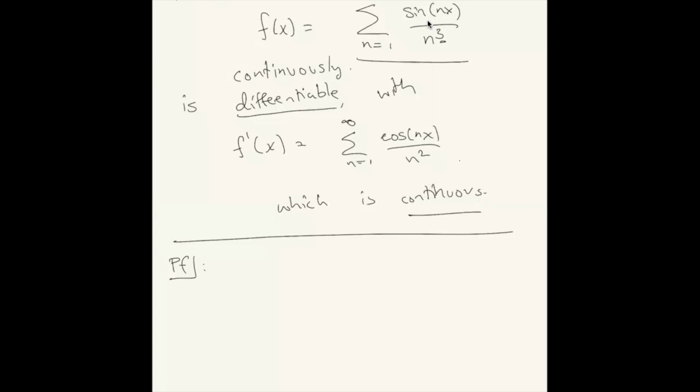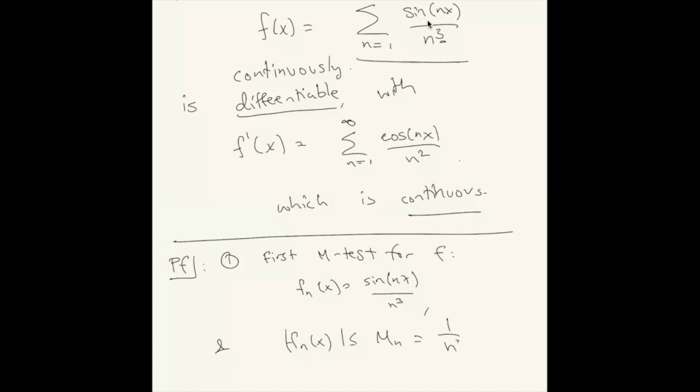So first for f, with fn of x equal to sine nx over n cubed, we have that the absolute value of fn of x is less than or equal to Mn, which we define as 1 over n cubed.